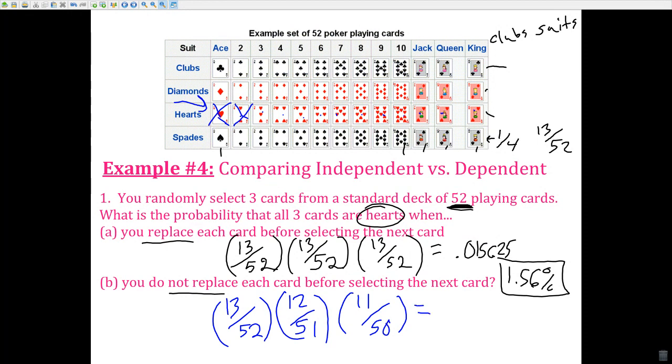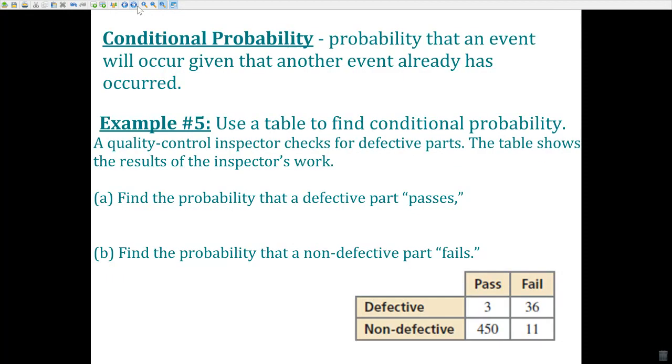Now you multiply this because it's not replacing it. I got 1.29%. And it should be smaller, right? Because you're decreasing your favorable outcome there. Let's bring them up. Alrighty.